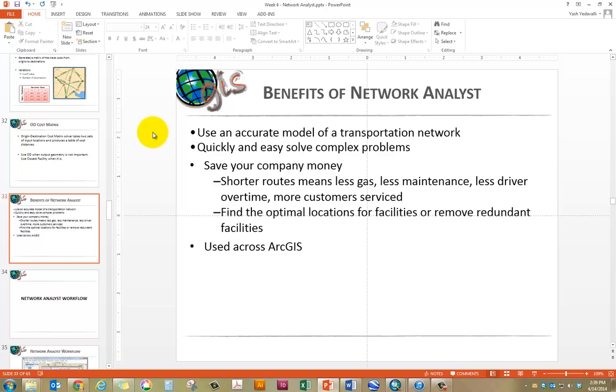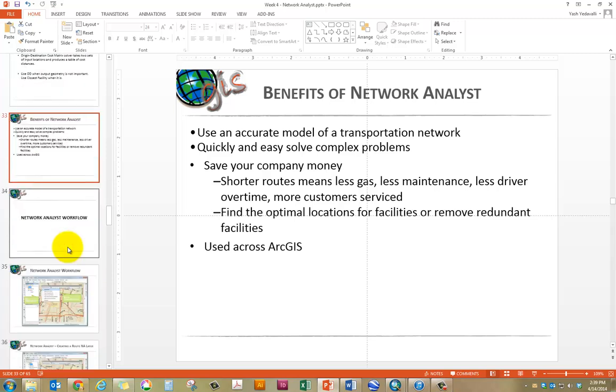Shorter routes means less gas, obviously, less maintenance, less driver overtime, and more customers are served. And also it'll help you optimize your business model by locating facilities at the right points and removing redundant facilities. So again, it is used across GIS in various domains.